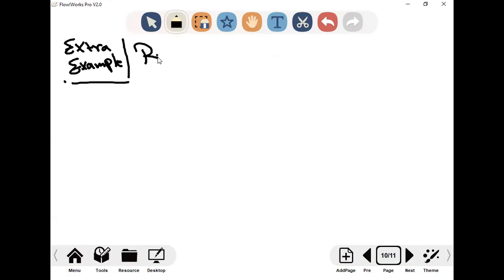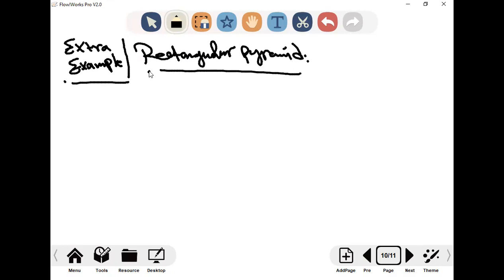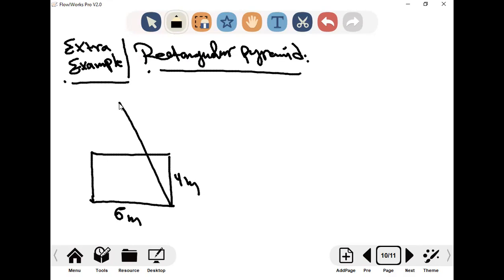If we have a rectangular pyramid, focus. If we have a rectangular pyramid, it means we have different length and width. Assume this is 6 meters, this is 4 meters. Now the height for all the triangles up, let's say it is 9.